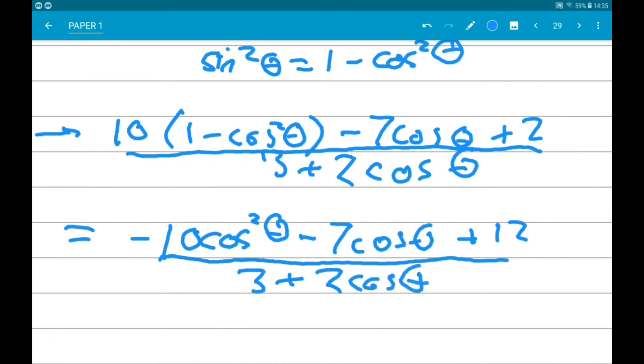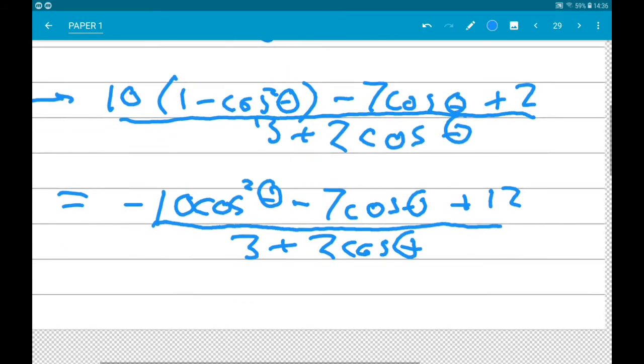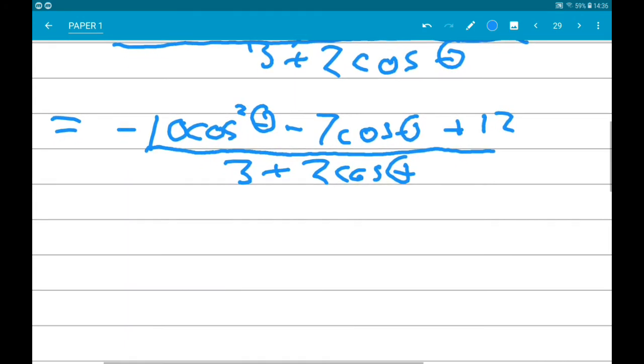Okay, now the top hopefully is going to factorize. So, let's see, we got minus 10 cos squared. So, well, because the right hand side has no fraction, we should, on top, have a factor of 3 add 2 cos.